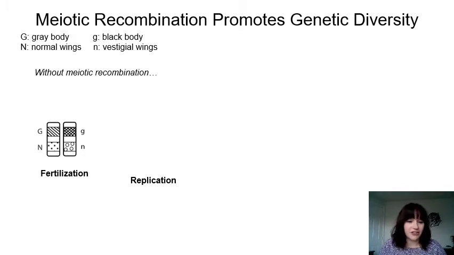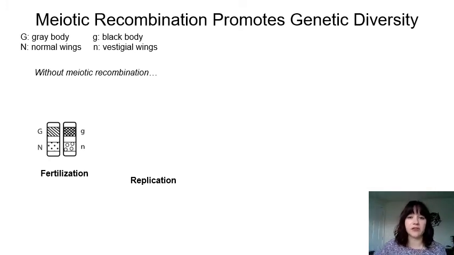The G gene is responsible for body color, and the N gene is responsible for wing shape. Right? You can have gray or black body color, or you can have normal wings or vestigial wings. So in this case, both of these genes are on the same chromosome, right? So funny things are going to happen when these genes are on the same chromosome. And so let's look at what happens.